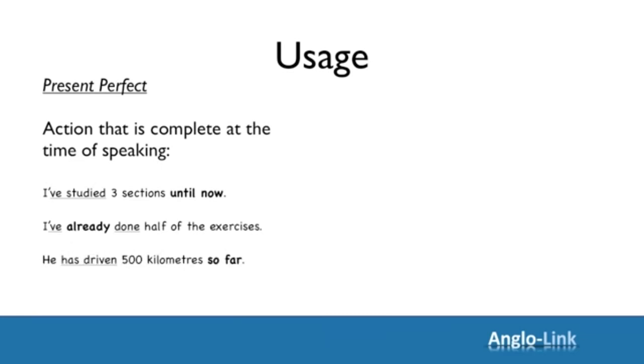He has driven 500 kilometers so far. Let's look at the past simple. Past simple is similar to present perfect in that it also refers to a completed action in the past. But this time, there is a clear reference to the specific time of the action in the past.